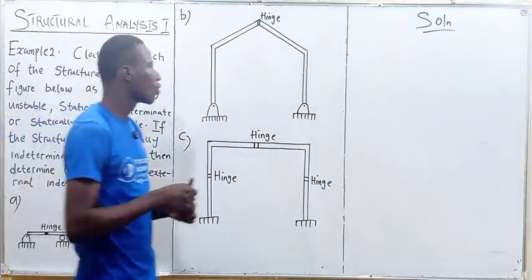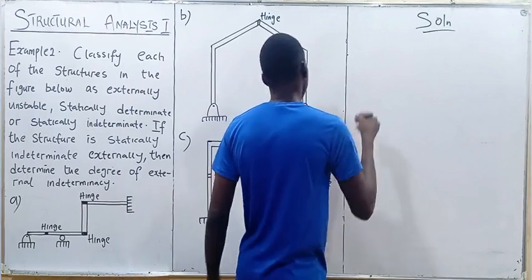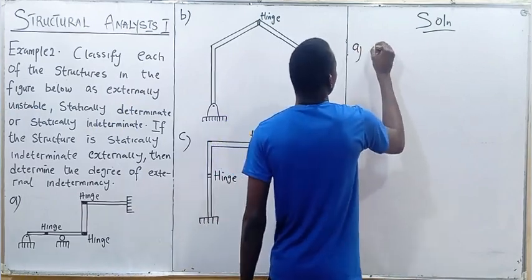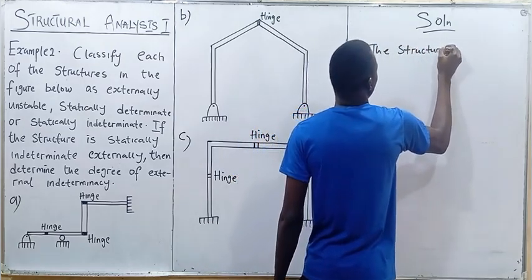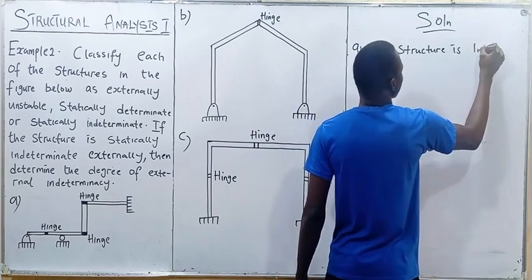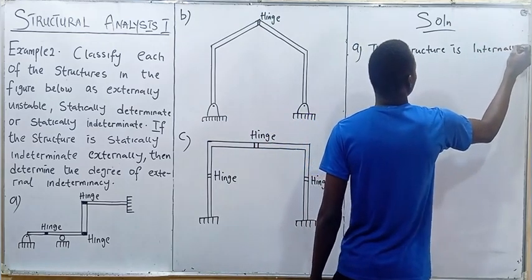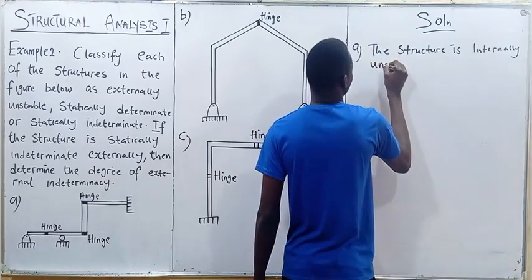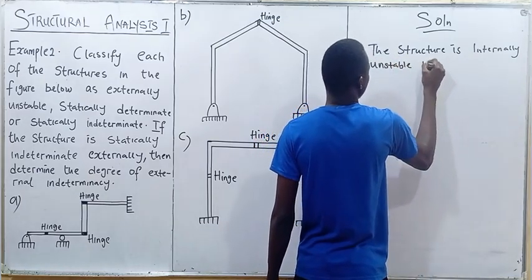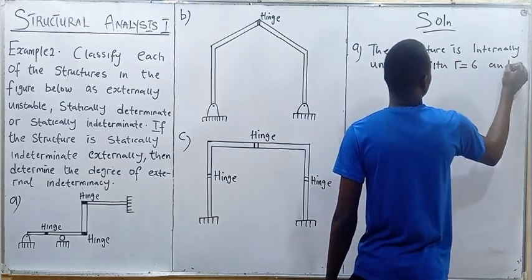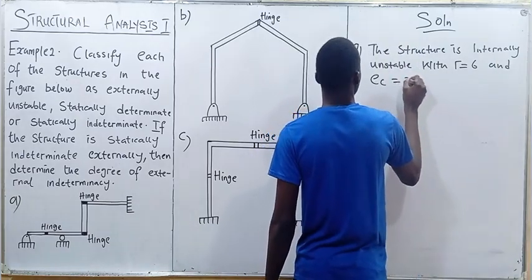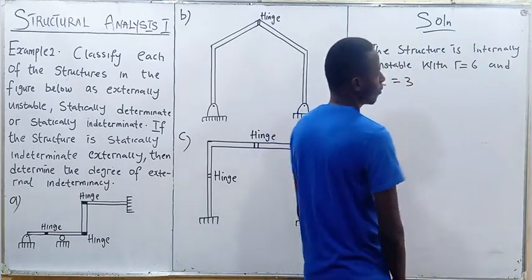If we want to analyze this structure, we say A, the structure is internally unstable with R equals 6 and EC equals 3.